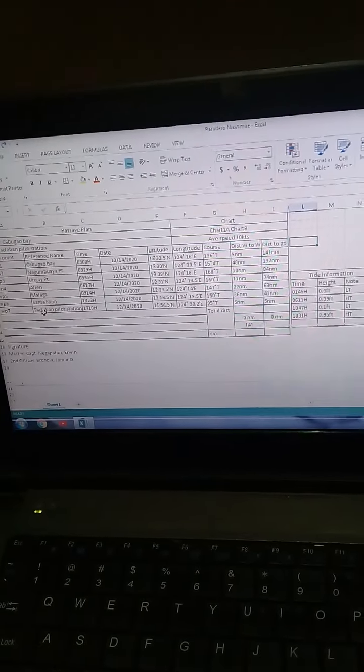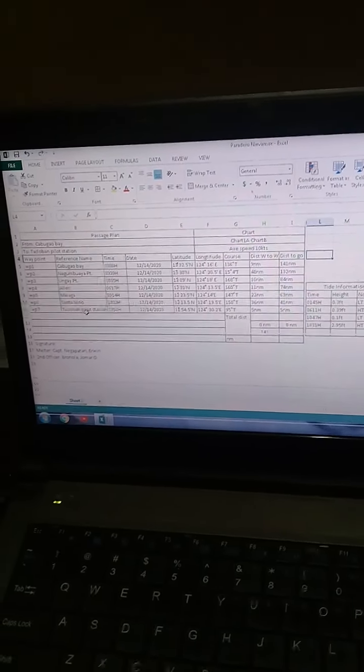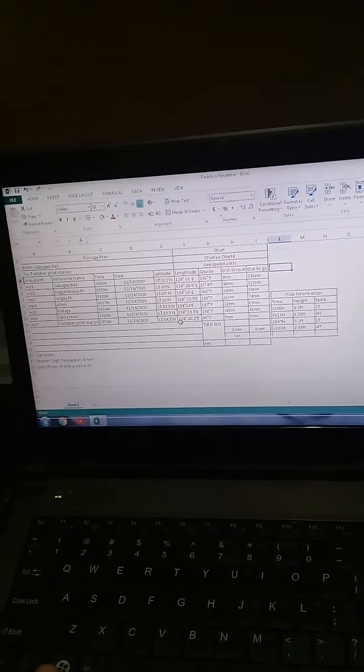And then waypoint 7 is Tacloban Pilot Station, time of 1710 hours, and date is December 12, 2020, and latitude of 11 degrees 54.5 minutes north, and longitude of 124 degrees 30.2 minutes east, and course of 95 degrees true, and distance of 5 nautical miles.